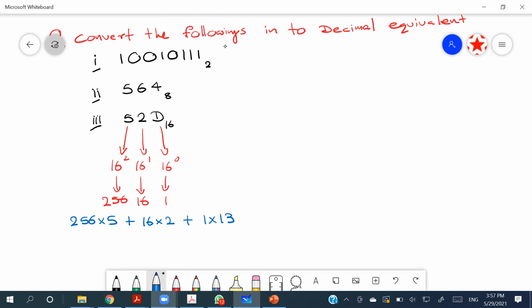So let's do 256 into 5. 5 into 6 is 30, 3 is remaining, 5 into 5 is 25, 25 plus 3 is 28, 2 is remaining, 5 into 2 is 10, 10 plus 2 is 12. It's going to give you 1280. 16 into 2 is 32, plus 1 into 13 is 13. So this is going to give you 1325.